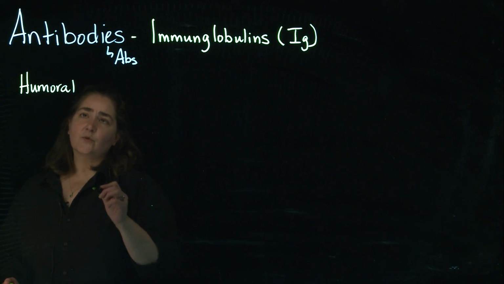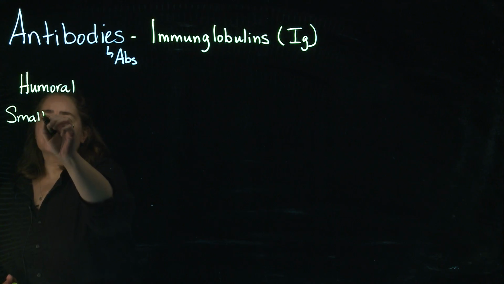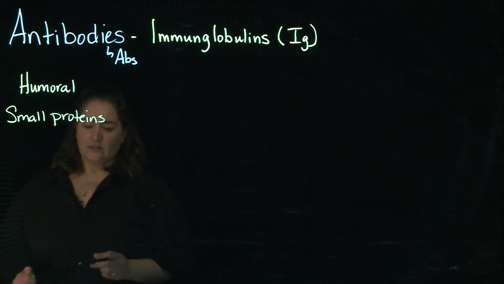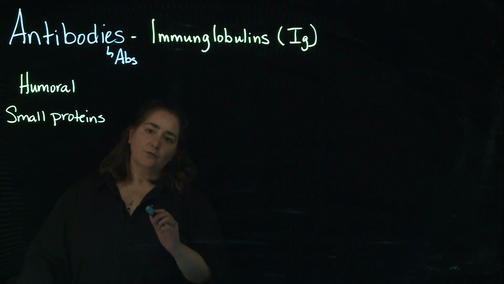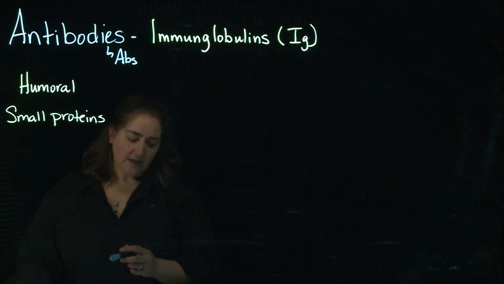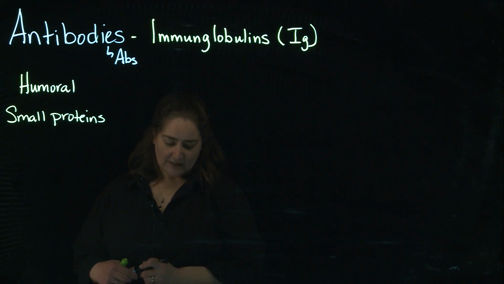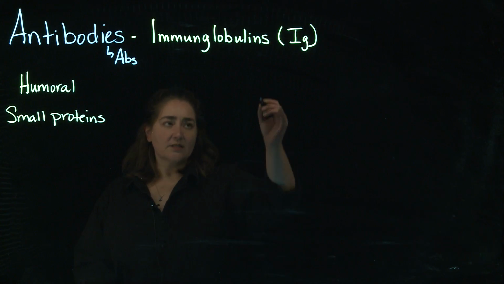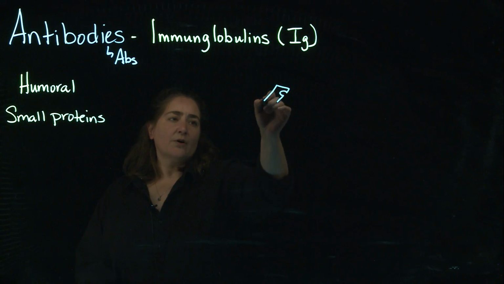Essentially, antibodies are proteins, and they have some regions that have particular functions. I'm going to draw this on the board in parts.